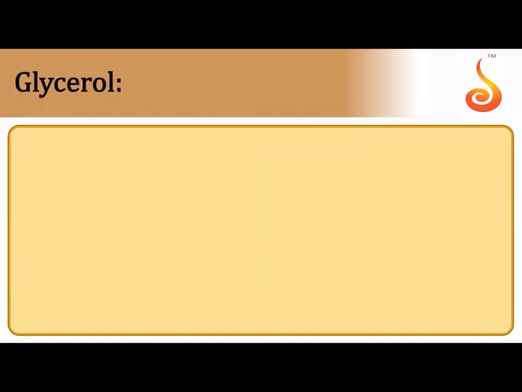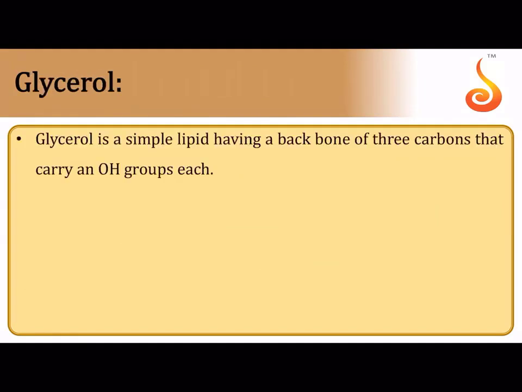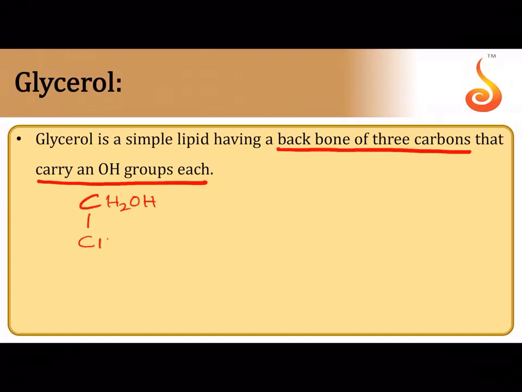Okay, I already discussed the glycerol molecule. It is called trihydroxypropane or trihydric alcohol because it has 3 carbon atoms and 3 OH groups, isn't it? So CH2OH, then CHOH, then CH2OH.